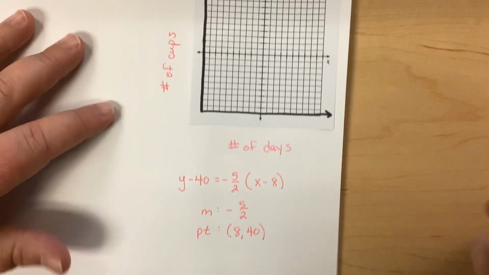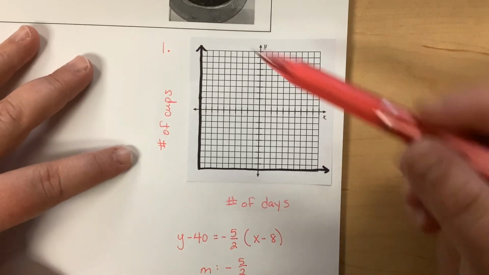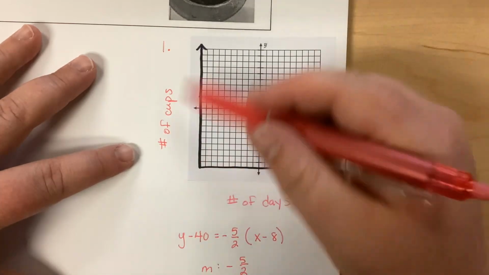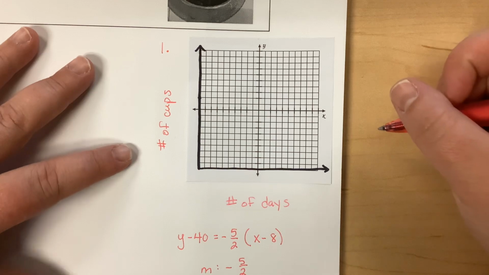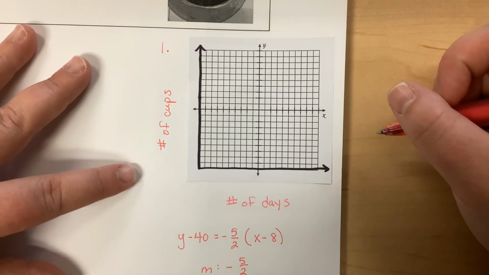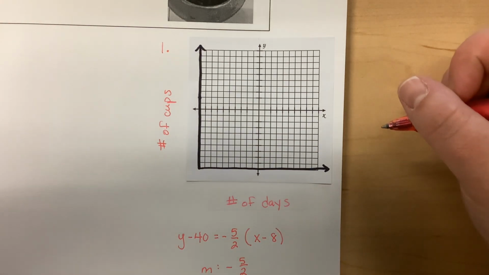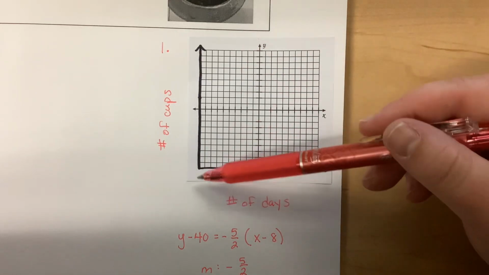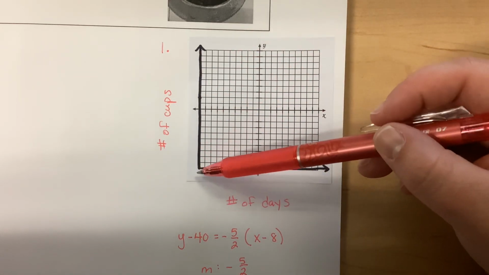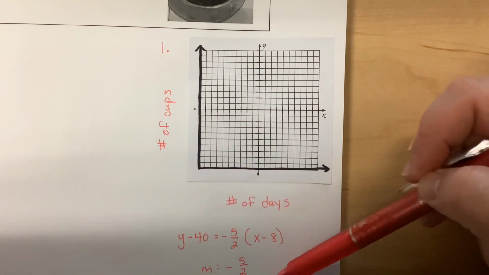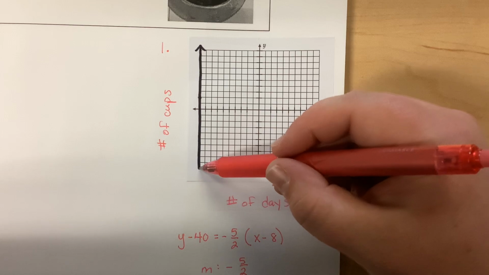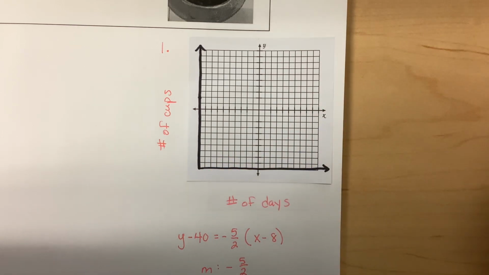Okay, so you kind of want to think about how many spaces you have here. I know that with this graph in particular that I have, it has 20 spaces on the x-axis and 20 spaces on the y-axis. Now, if I want to go down 5 and over 2, I think what I'm actually going to do is count my cups by 5, so I know I get to 40, and my x-axis by 1s, because I need to go over 2 days, okay?